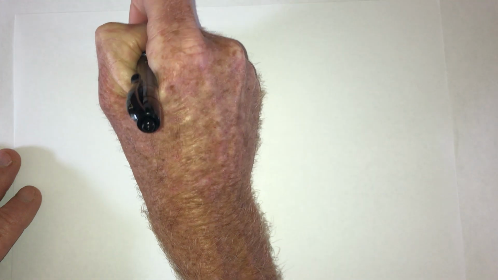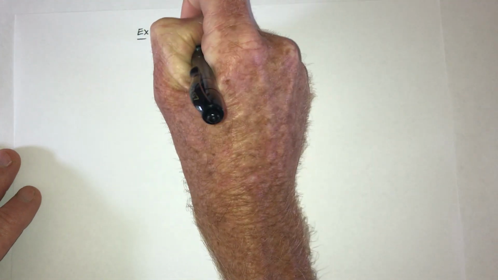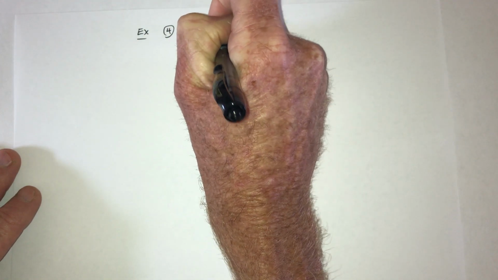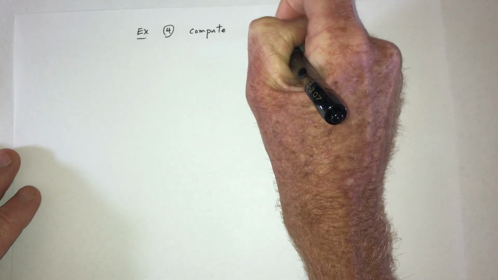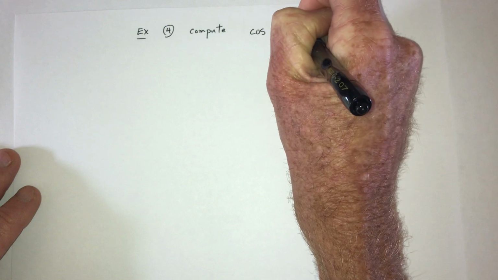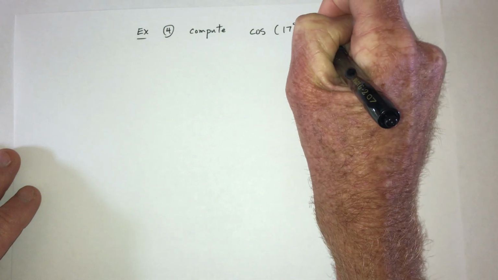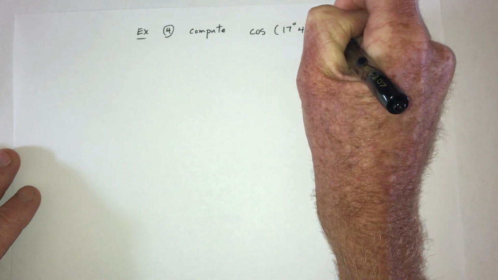All right, now this section is called Approximating Trig functions, so now we need to use that new idea of degrees, minutes, and seconds. And for example number 4, use a calculator to figure out how much is cosine of 17 degrees, 4 minutes, and 39 seconds.